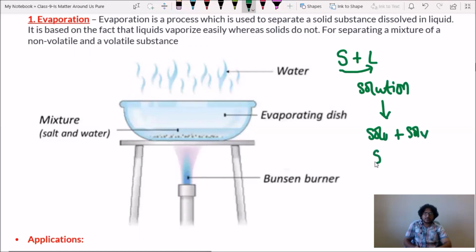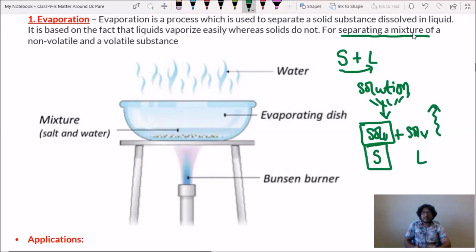Solute will be in solid state, solvent will be in liquid state. If you want to separate that solute, those solid particles, we go for the evaporation technique. It is based on the fact that liquids vaporize easily whereas solids do not. That is the simple logic behind evaporation. When you heat this solution, the solvent will evaporate and the solute remains the same. From that we can separate the mixture.